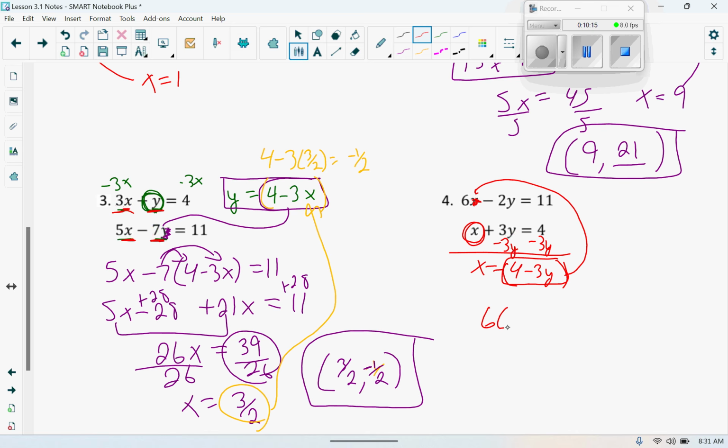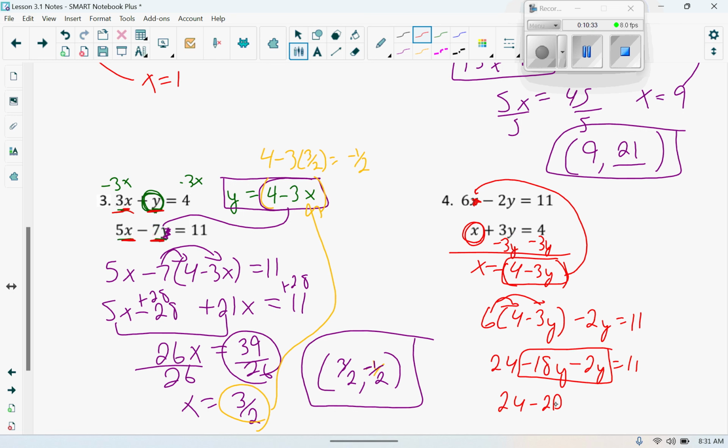So I'm going to say 6 times 4 minus 3y minus 2y is equal to 11. And then I'm going to distribute the 6. And then I'm going to subtract. And then subtract that 24 over.